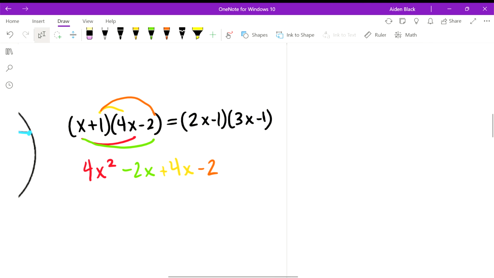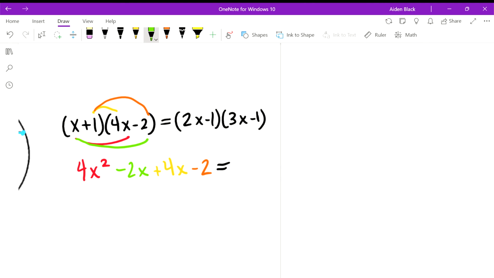And this is all equal to first times first. Actually do that in red. First times first. So that's 6x squared. And then we do outside times outside. So that's negative 2x. And then we do, in gold, inside times inside. So that's minus 3x.